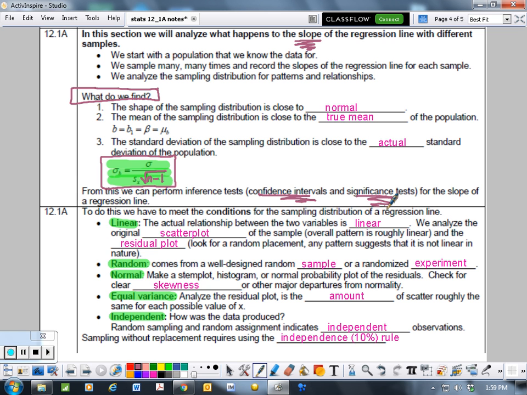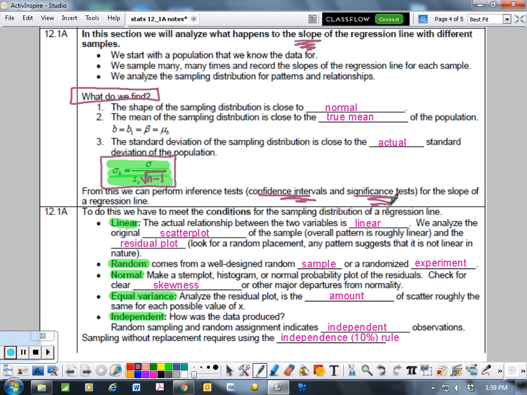If we end up with 0 being inside of our confidence interval, that means there's a possibility that there's no real relationship between these variables. But if both values in the confidence interval are positive, then we know the slope is definitely positive. That means there's definitely a positive relationship between these, so as one variable increases, so will the other, and so on and so forth.